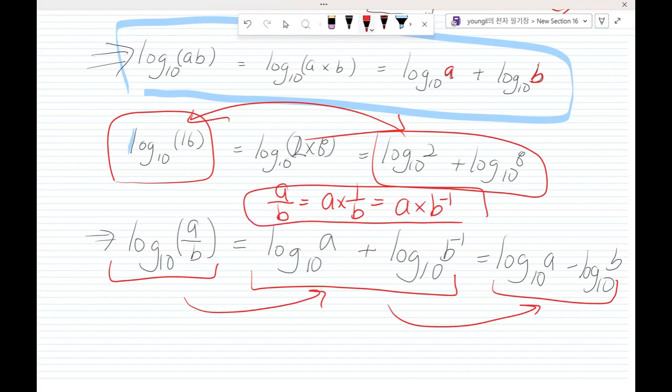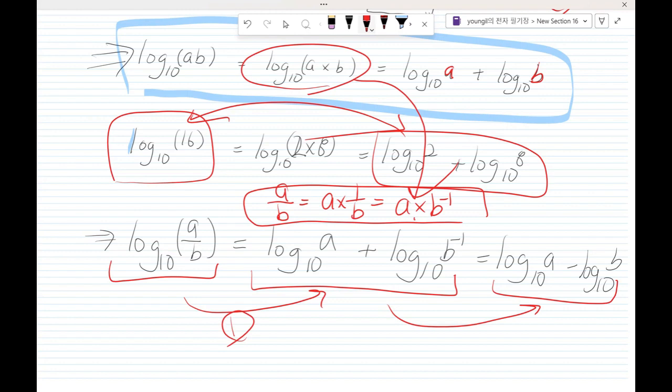So do you agree with me? Just like this one, because it's the denominator. Then plug in right there. So this is step 1: log base 10 of A over B is log base 10 of A plus log base 10 of B inverse, the minus 1.